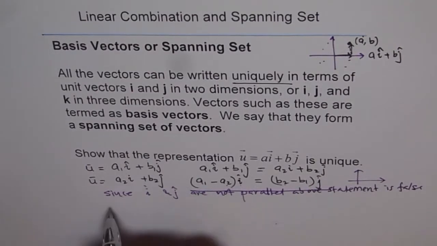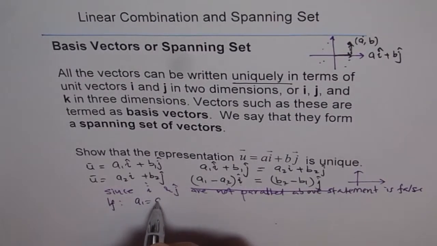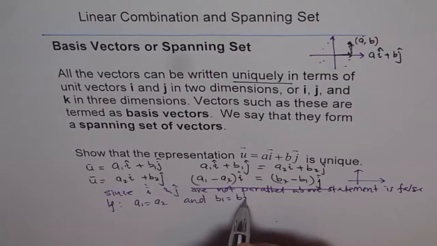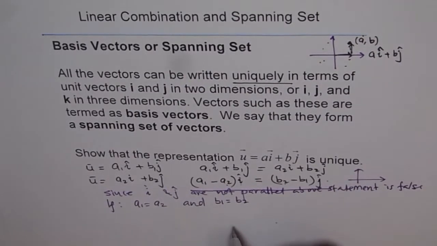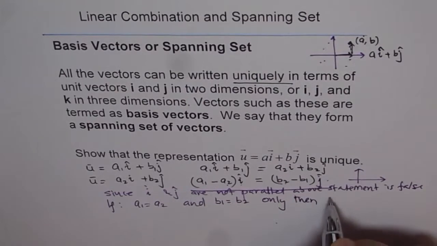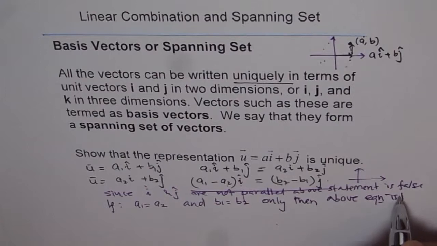So it is possible if and only if a1 equals a2 and b1 equals b2, then this equation is true. Only then is the above equation true.